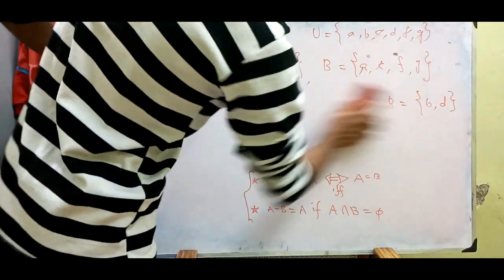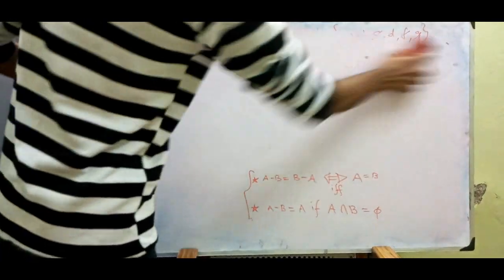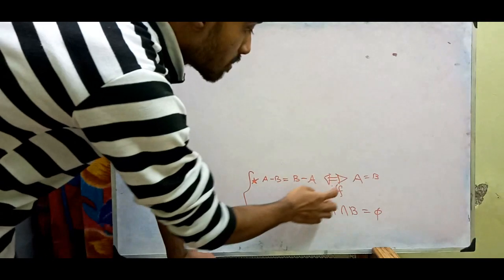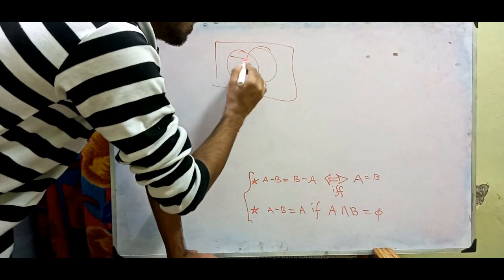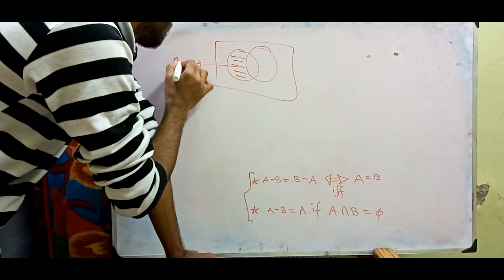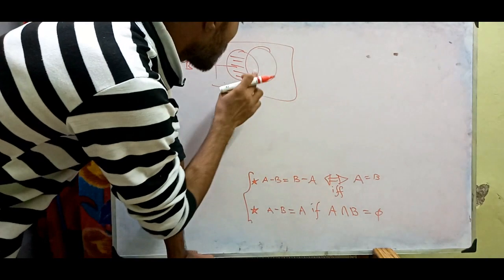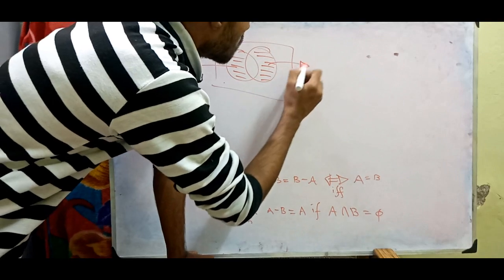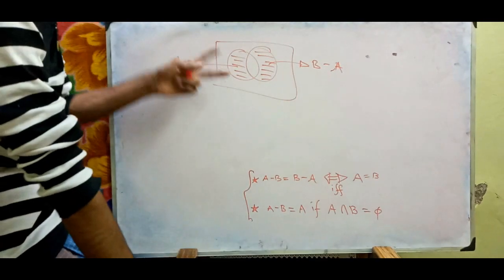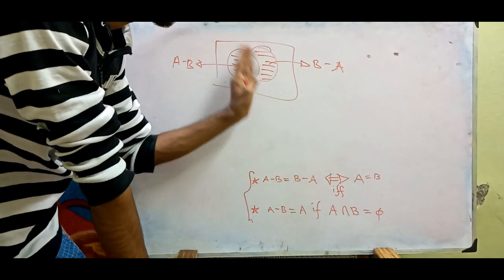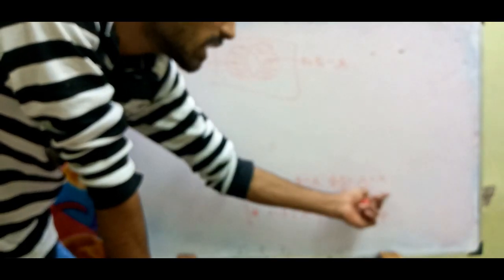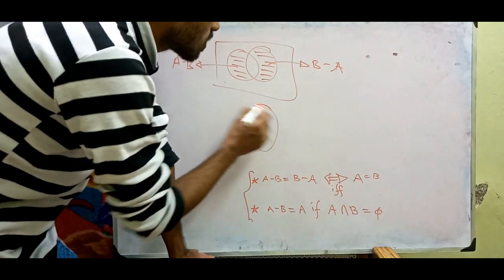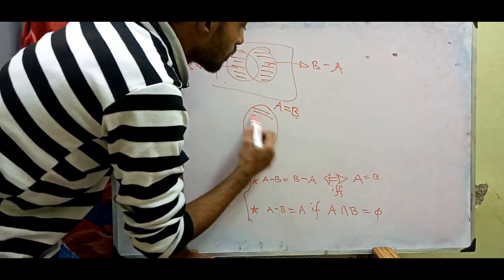Now let us move to the next part. See, A minus B and B minus A are the same if and only if A equals B. See, A minus B is only this part, and B minus A is removing the whole A from B. Only this part alone will come as B minus A. So this will only be equal when A and B are equal.